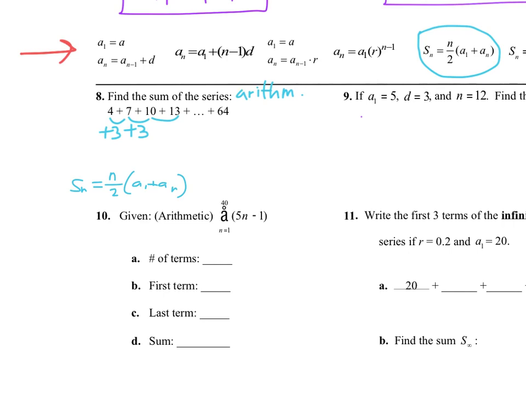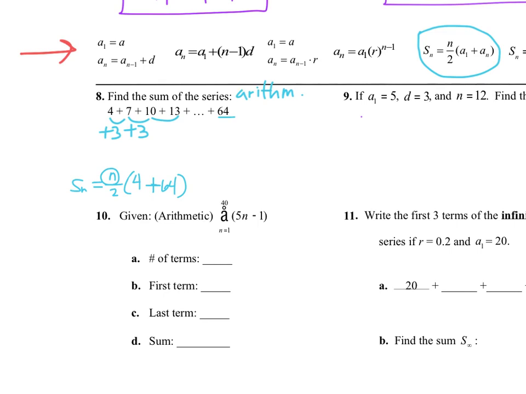We know that a sub 1 is 4. Why are my 4s so horrible on here? I'm so sorry. 4. And then our a sub n, that's our last term, we know is 64. So really all we're having to figure out is n, how many terms this has. The way we do that, if you recall, is we use the explicit formula.